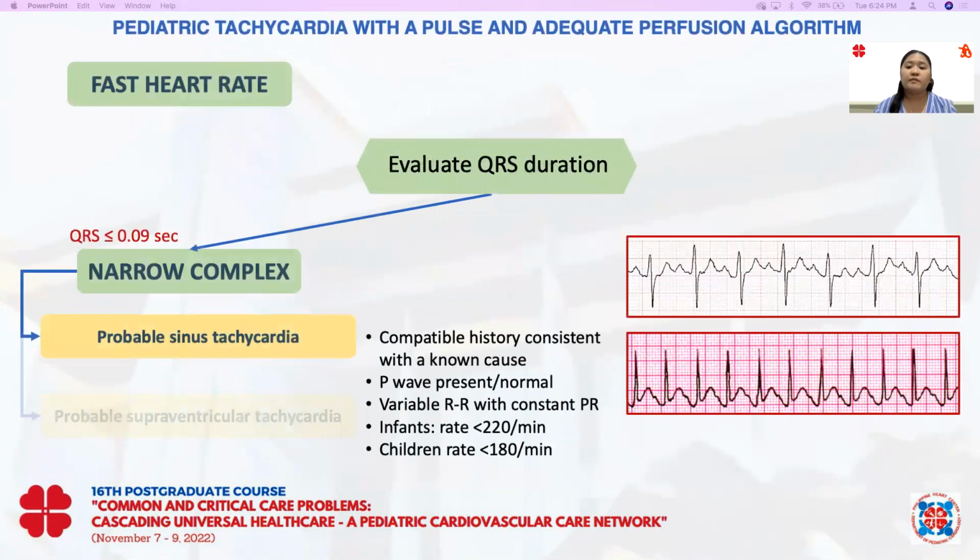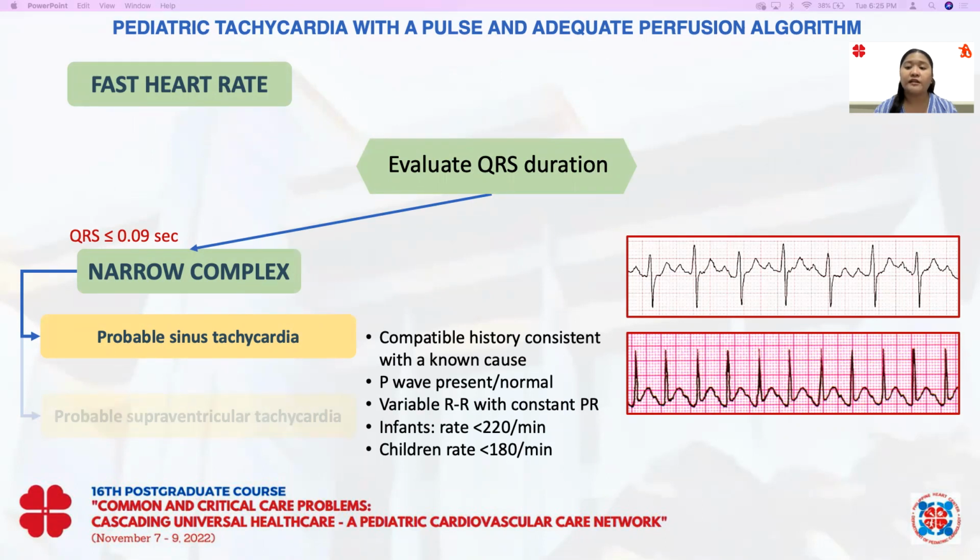The rhythm is probably sinus tachycardia if you have a compatible history consistent with a probable cause of tachycardia. There is a P wave with a constant PR interval. The heart rate is typically less than 220 beats per minute in infants and less than 180 beats per minute in children. So look at these sample strips.